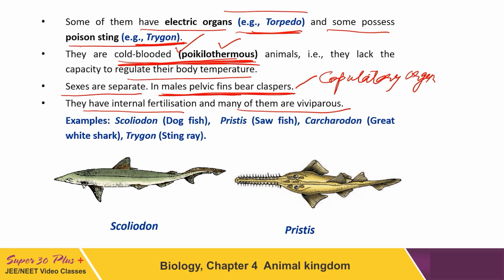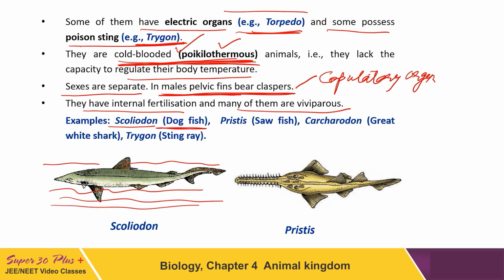Some of the examples we have: one is Scoliodon, also known as dogfish. You know dogfish, it swims on the surface of water.